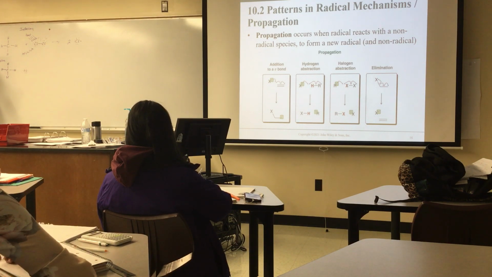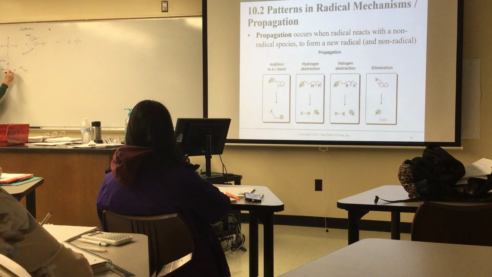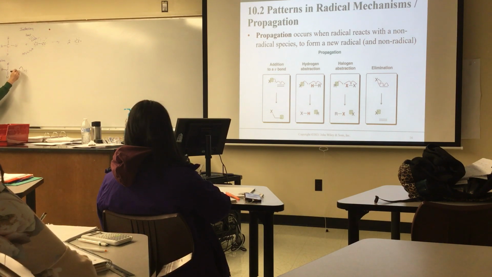Jackie? You have the chlorine with the single-headed arrow, and then you also have the CH bond with the radical, and I think the other part of the CH bond is going in, because didn't you say that the CH4 would be the new radical?